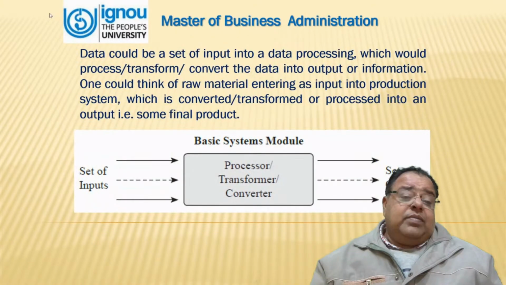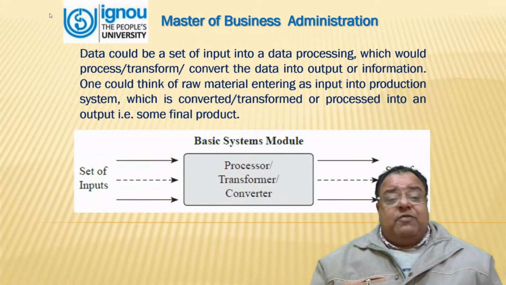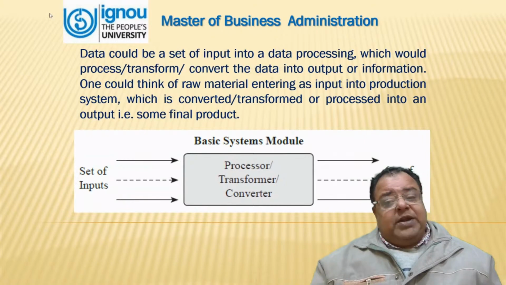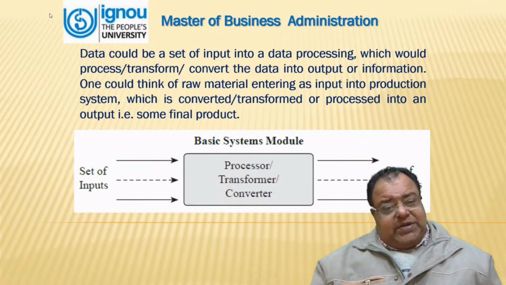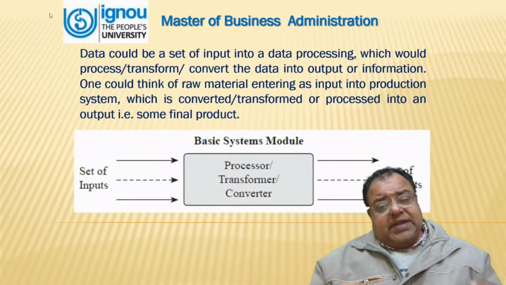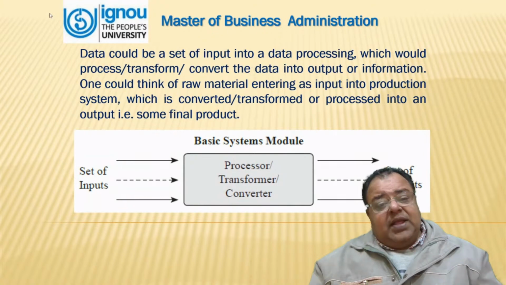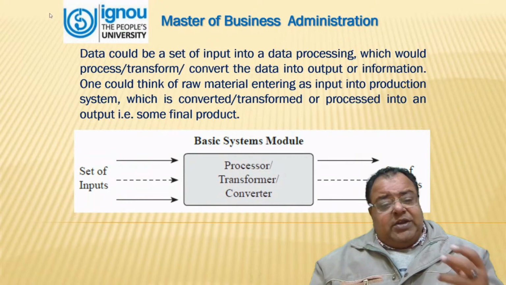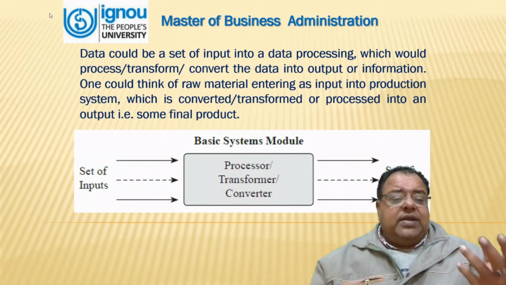Data could be a set of inputs into a data processing system, which would process, transform, and convert the data into output or information. One could think of raw material entering as input into a production system, which is converted, transformed, or processed into an output, that is, some final product.